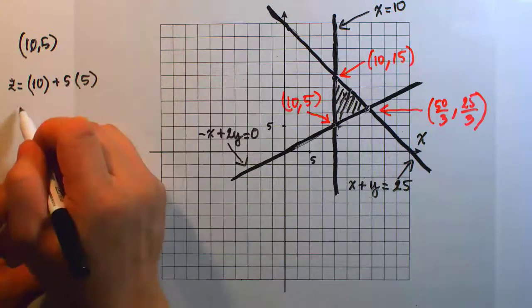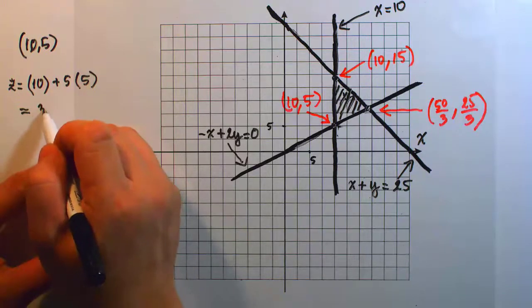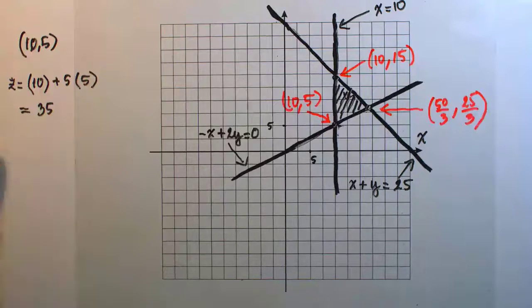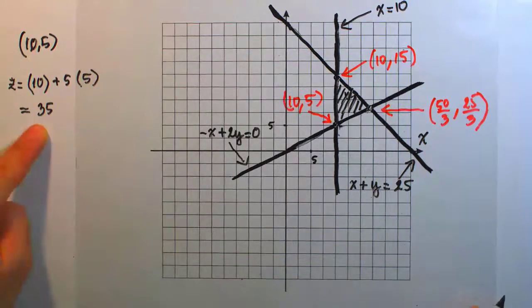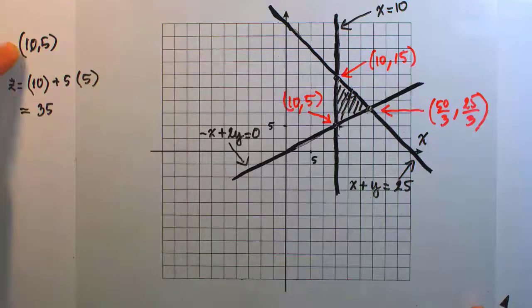So our output is 35 here. This is our z value at that corner point being 10 for x and 5 for y.